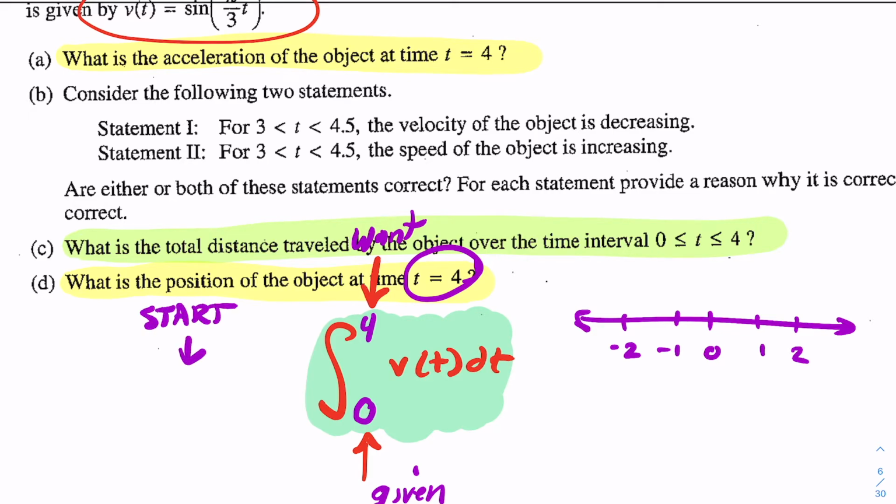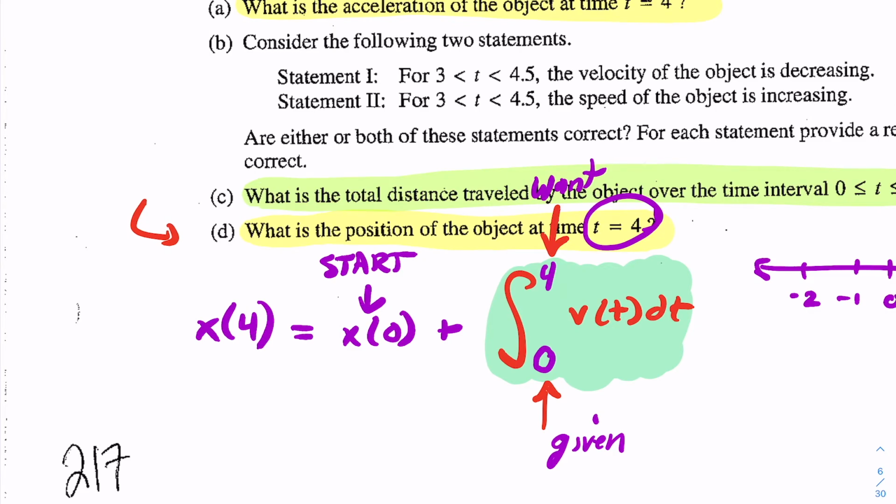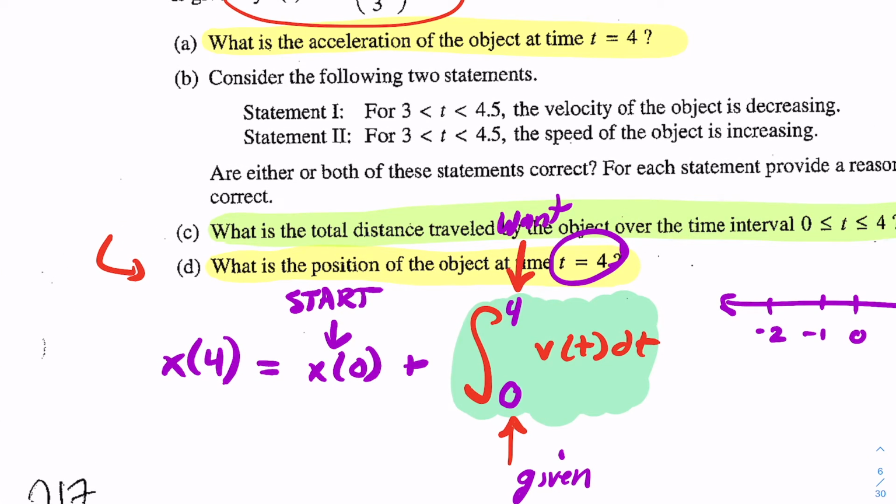This is kind of like back with accumulation. So you want to know where you started. We're going to find out what our position is at t equals 0, and this is how we find out where our position is at the beginning. And this is how you set it up. If I want to know a position at 4, I have to consider where I started plus how much I've accumulated. Hopefully you see the similarities there.